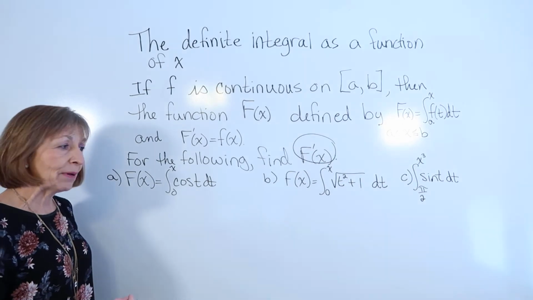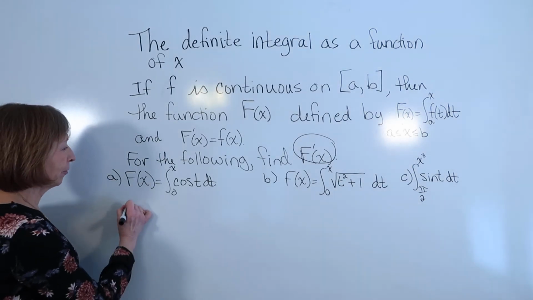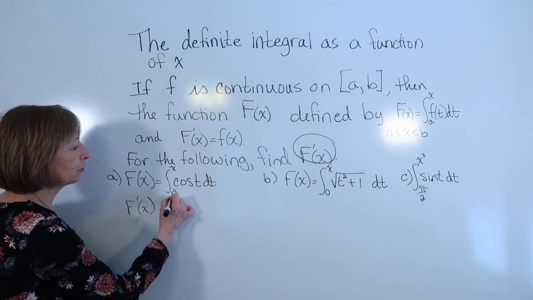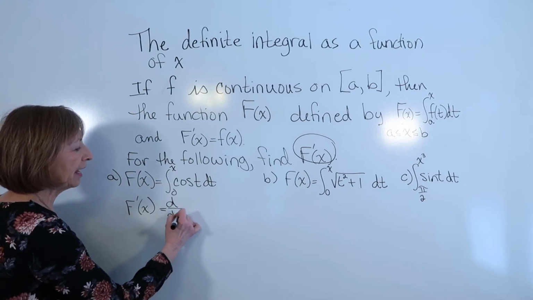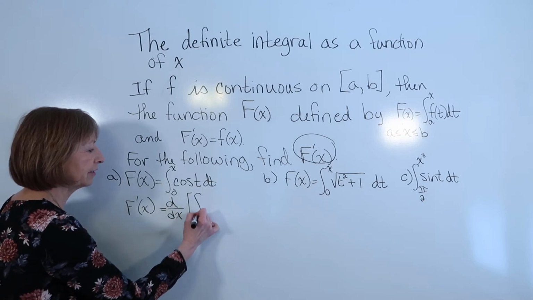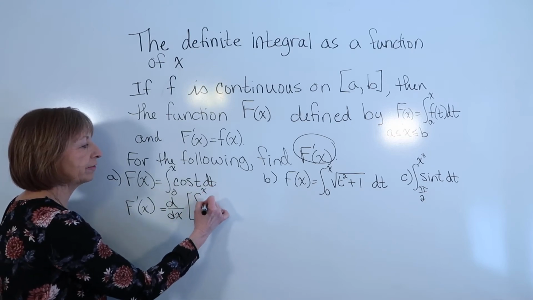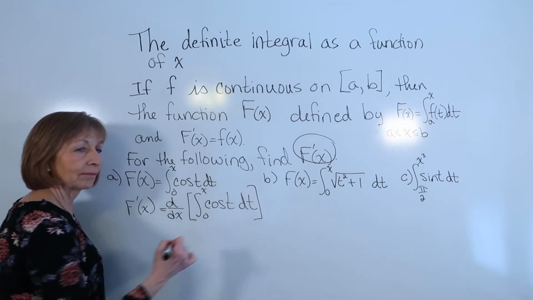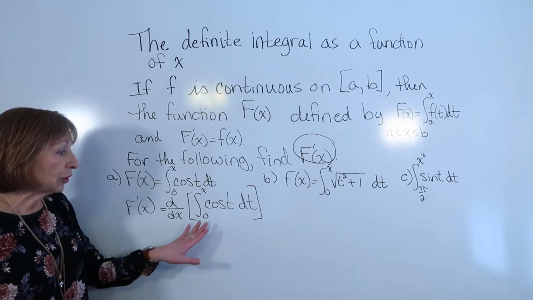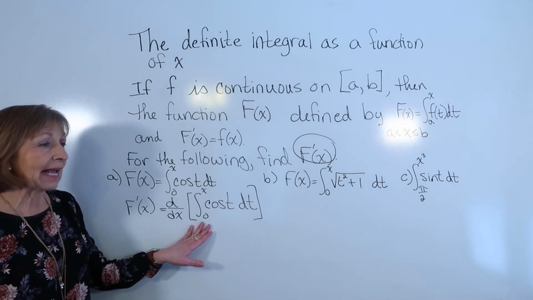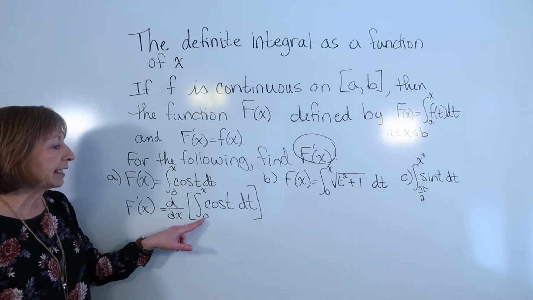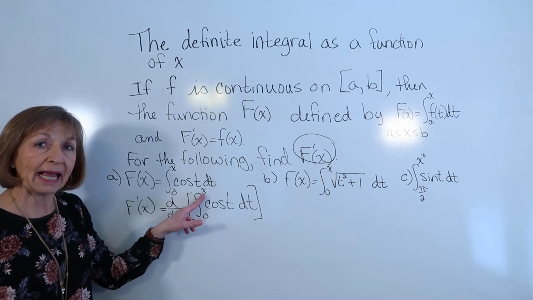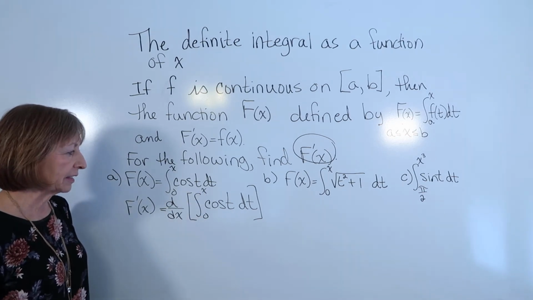So when I think about being asked to find F prime of x, they want me to find the derivative with respect to x of this integral from 0 to x of cosine t dt. Now, when I'm looking at how this is defined, I have to make sure that my lower limit of integration is a constant and my variable is at the upper limit of integration.